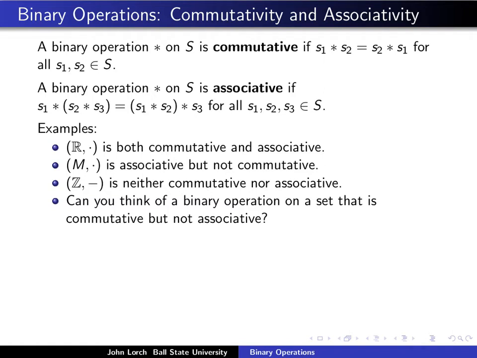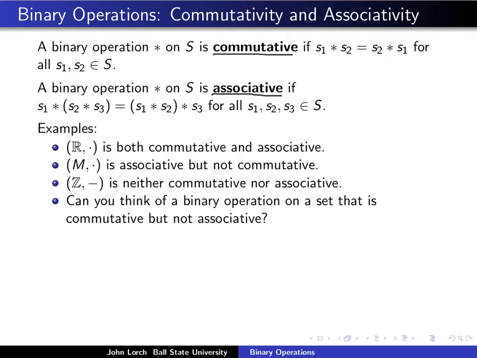So whenever that happens, we say that the binary operation is commutative. On the other hand, sometimes you have a binary operation where the grouping of a product doesn't affect the outcome. So when that happens, we say that the operation is associative.